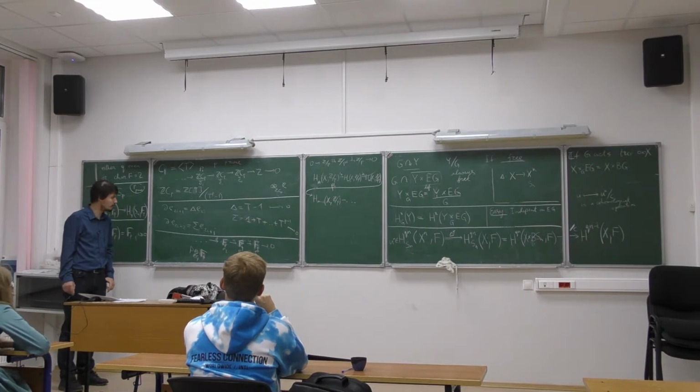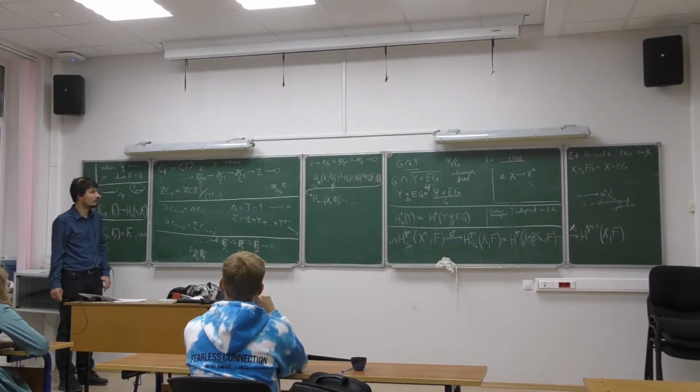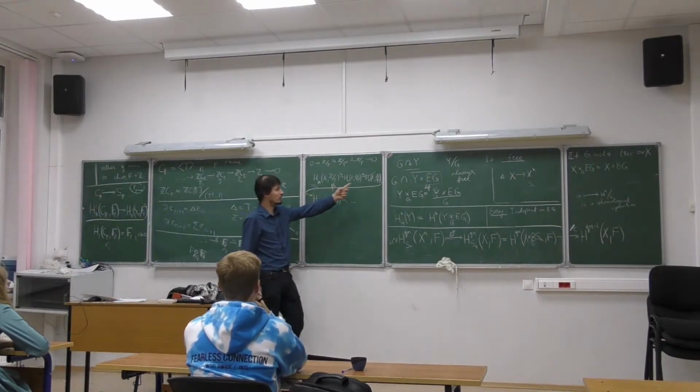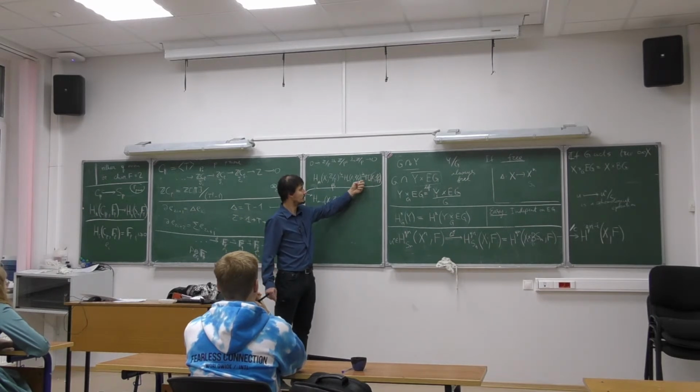Well, what do we need to do to find the Bockstein homomorphism? We need to find a preimage for our class. We can do it in coefficients Z over p squared, but actually we can take a preimage with coefficients in Z instead.